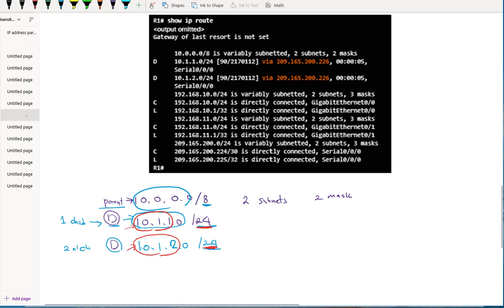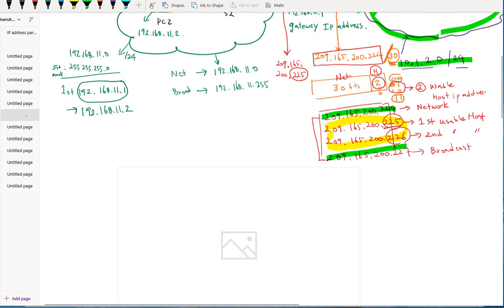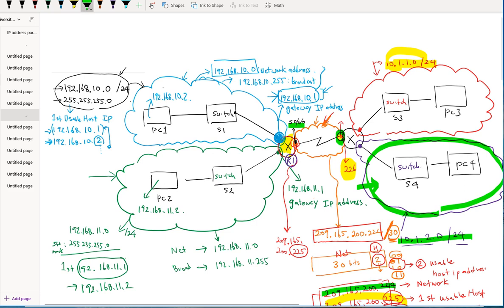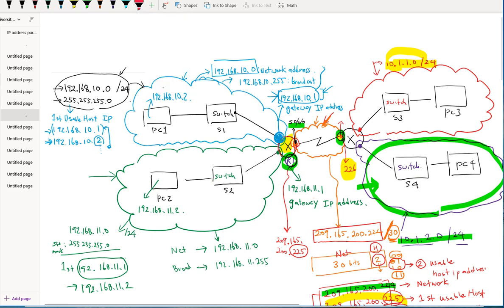So basically, if R1 wants to get into the 10.1.1 network, you know what? I'm gonna use the red, because 10.1.1 is red.